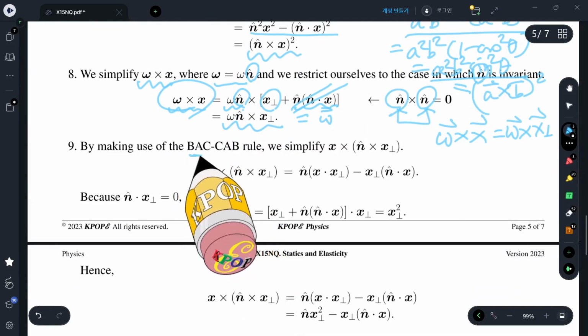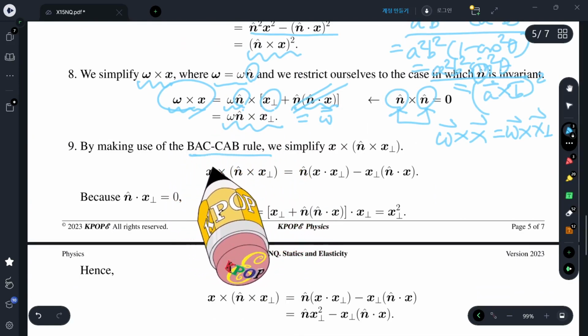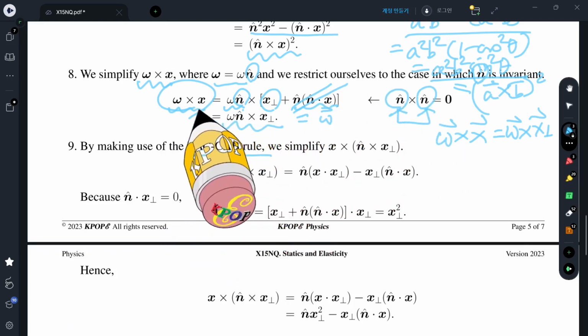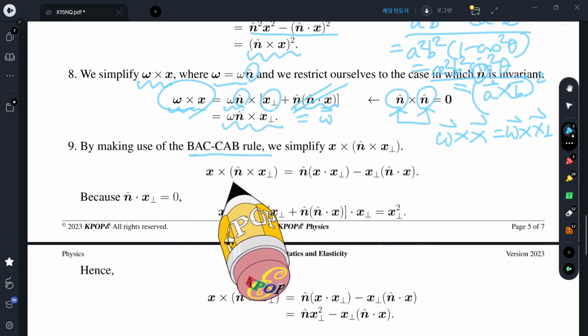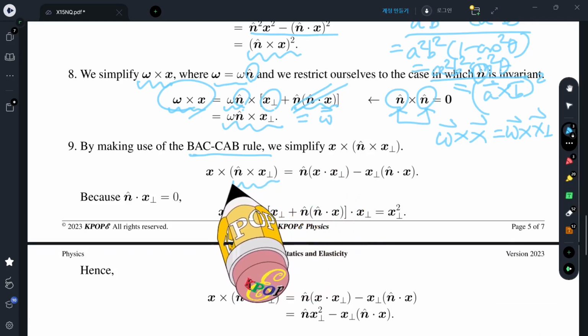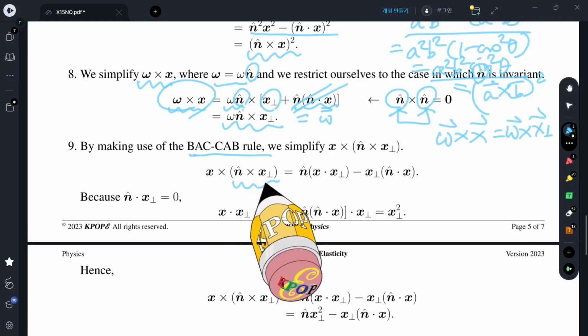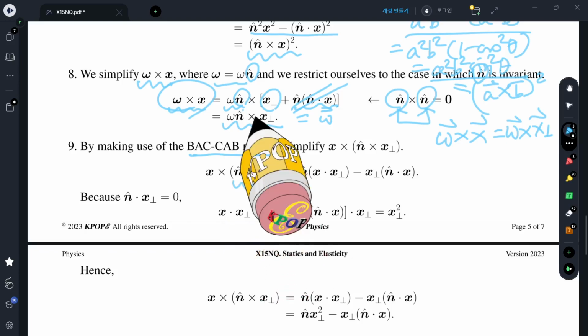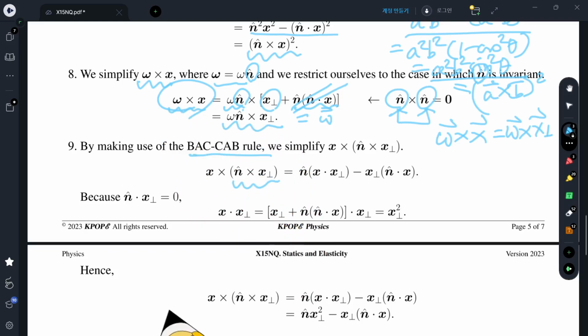If I make use of the BAC-CAB rule, x cross this one. What's that? n hat cross x perp that we have just evaluated.